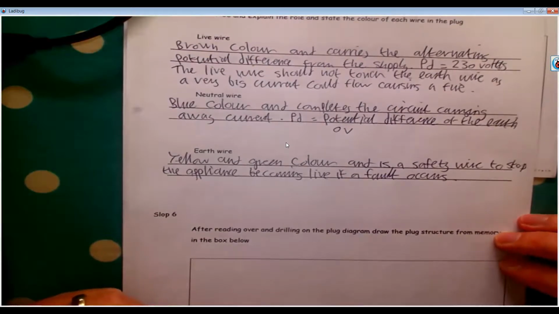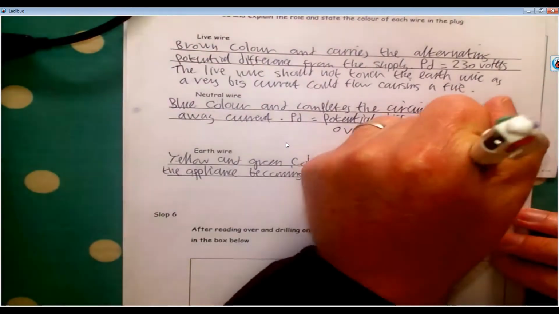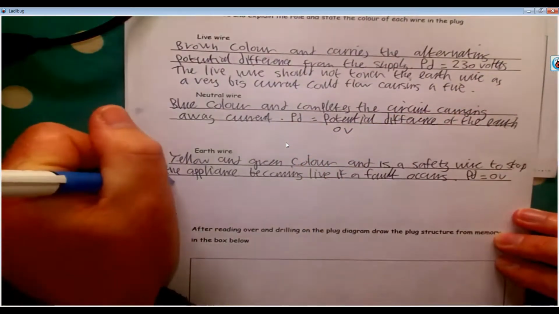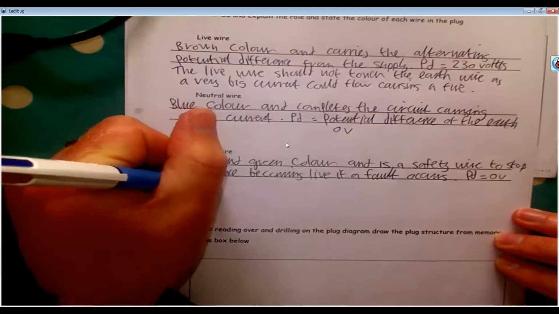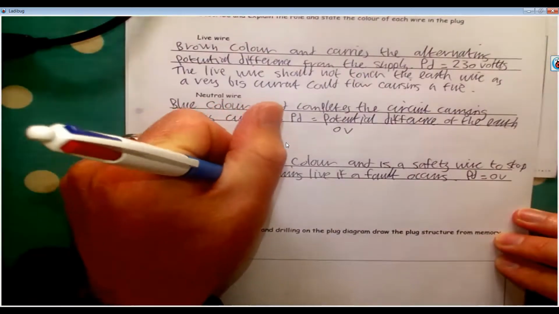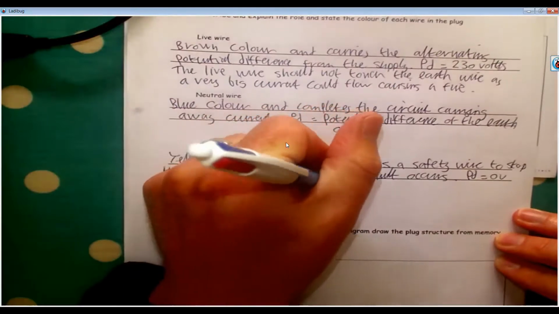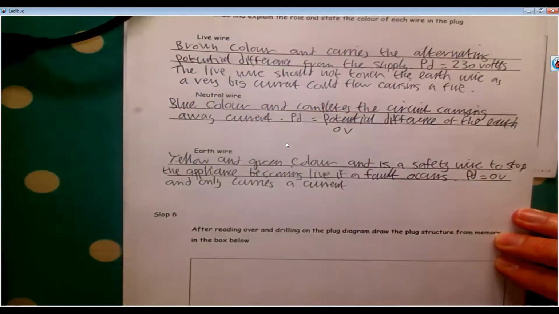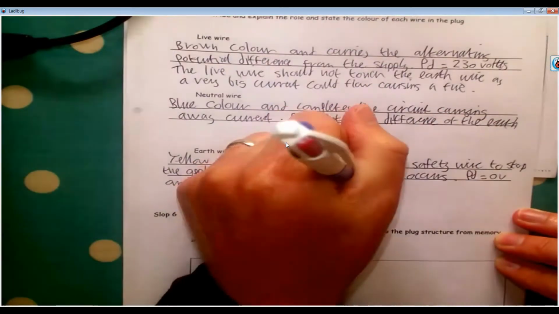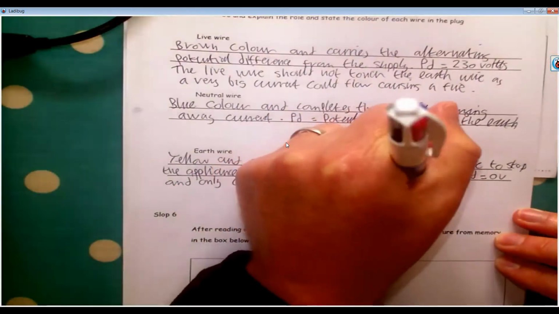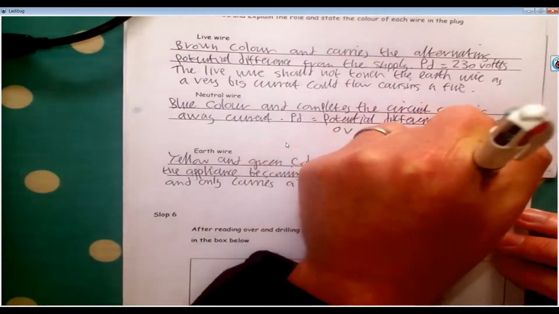So a little bit about how it works. The potential difference equals 0 volts and only carries a current away if there is a fault.